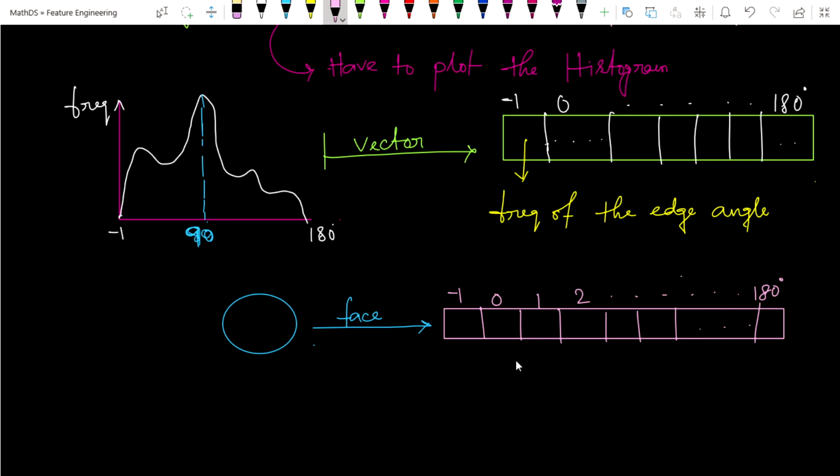So if there are faces, then at these angles the values will be high. On this angle the value will be high, on these angles the value will be high. Using this simple face concept, if these kinds of angles are present, then we have to compare these things to this vector. We have to compare it.